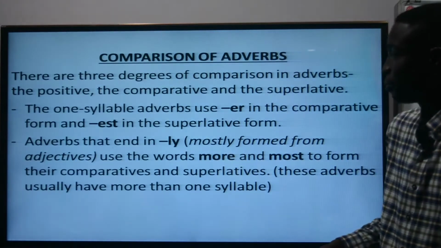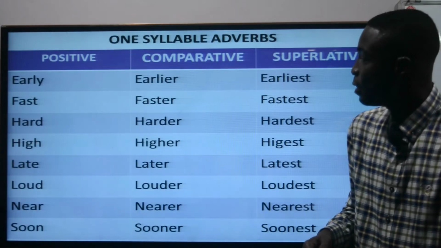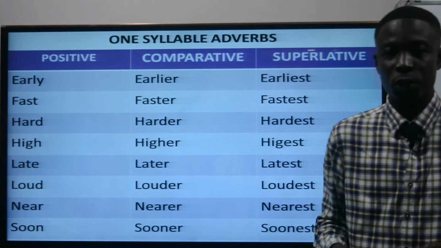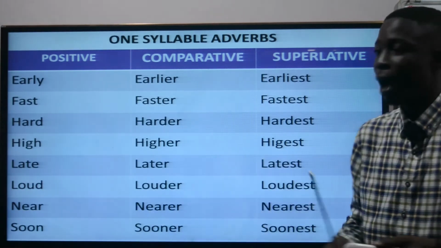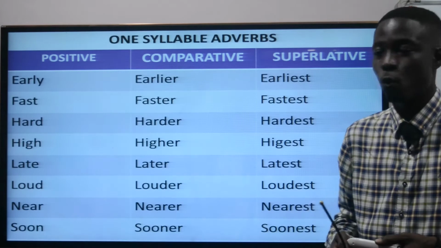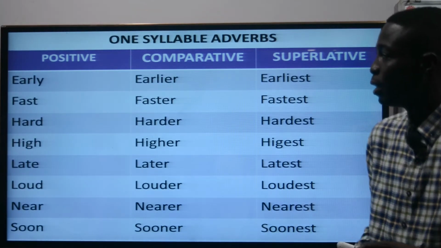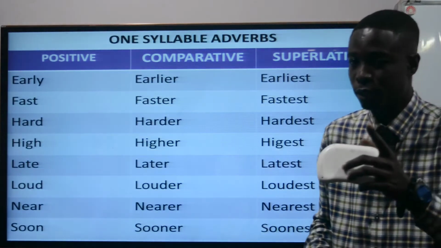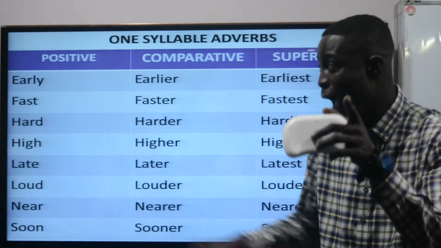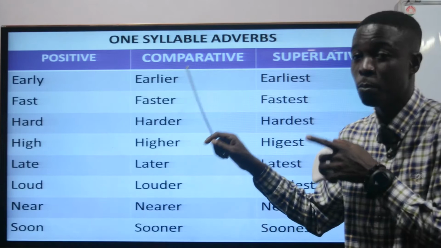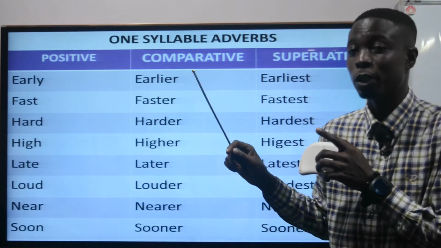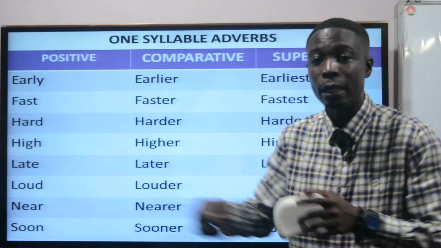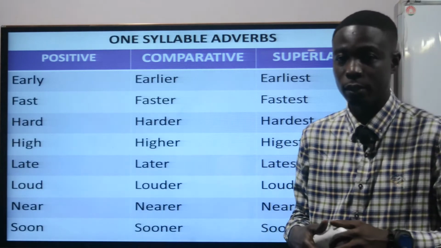Alright. Let's look at some examples of one-syllable adverbs. Under positive, we have early. Note, don't ask why ly is here and we are not using more and most. We said one syllable. Early is a one-syllable word.